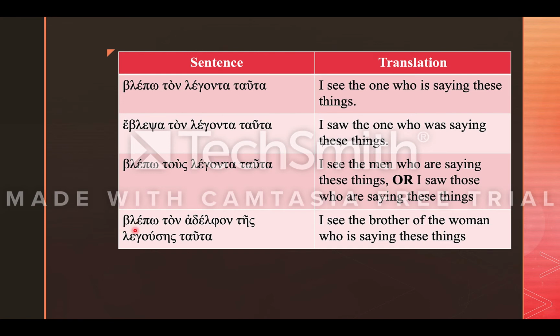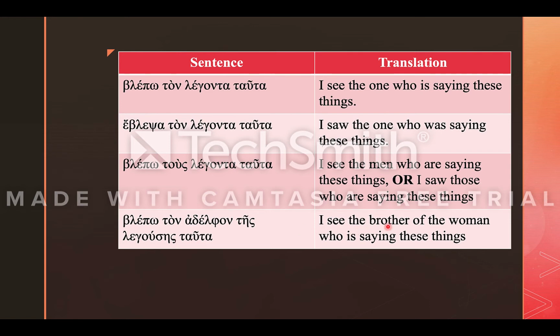Now, the last sentence is blepo ton adelphon tes legouses tauta. Now, we made the sentence a little bit more complicated because we add a direct object for the subject here before we put in the object of the verb, which comes up as a participle, legouses.